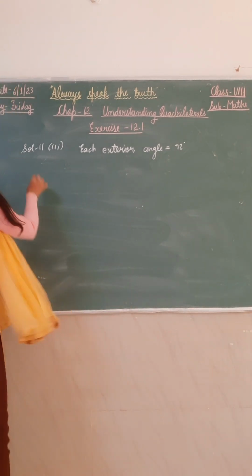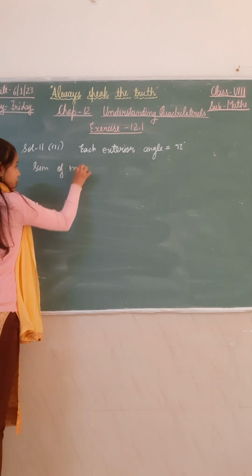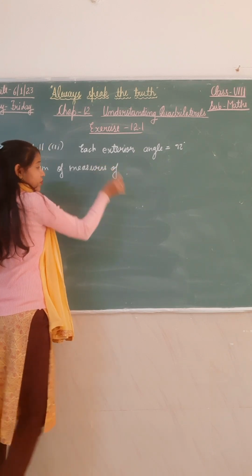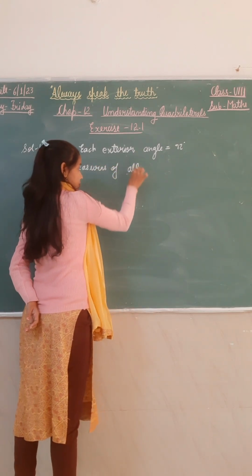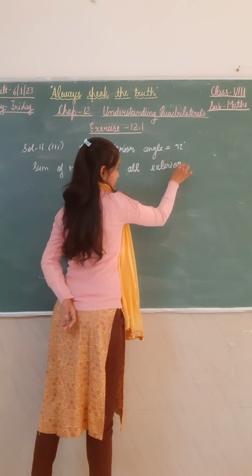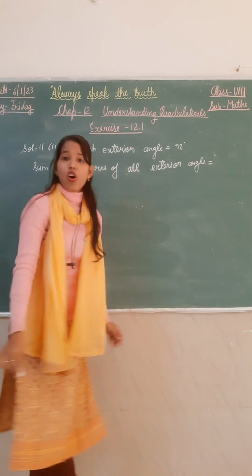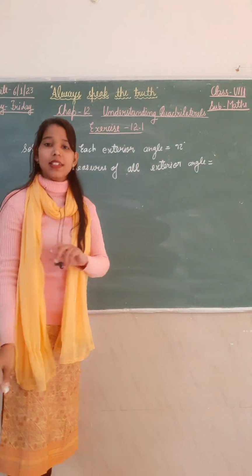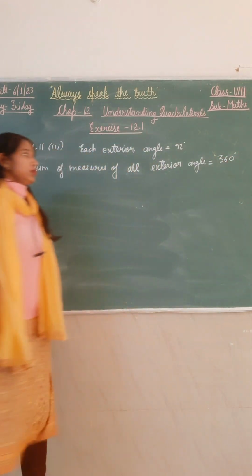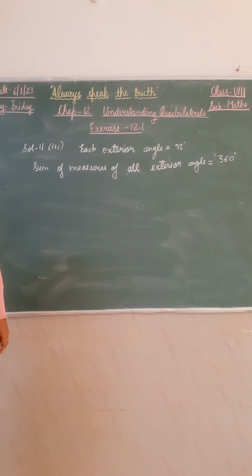So we will write here first of all, sum of measures of all exterior angles. So the sum of measures of all exterior angles is 360 degrees. So now we have to find the number of sides.